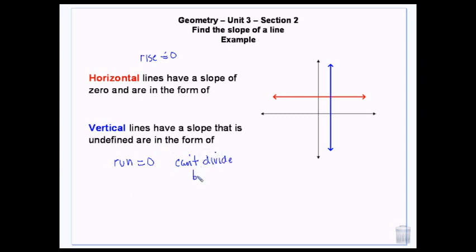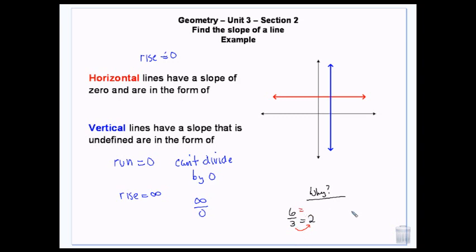What you would have here is a rise that is really infinity, so you'd have infinity divided by 0, but you can't divide by 0. Did anybody ever explain why you can't divide by 0? Here, let me explain that. If I do 6 divided by 3, that equals 2, correct? You all agree? That also means that 3 times 2 equals 6.